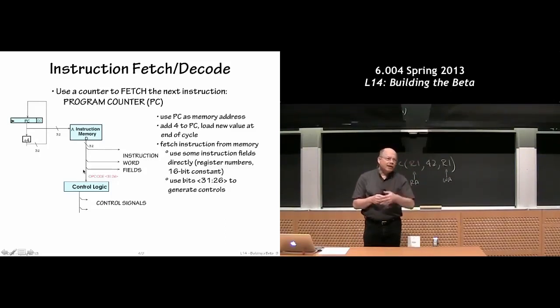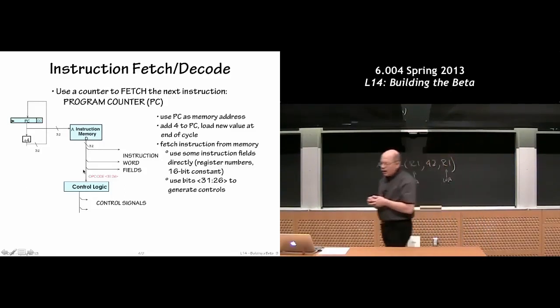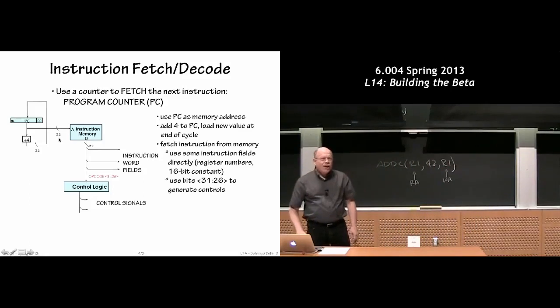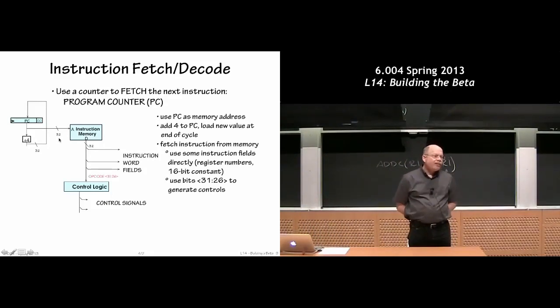Any other questions? Yes? So what's the total size of the memory that we're incrementing by 4 to get through? Okay, what's the total size of the memory? Well, we see here that we're sending over 32 bits of address. So how many bytes would that be? How many different combinations of address bits are there? 2 to the 32, which is 4 billion.